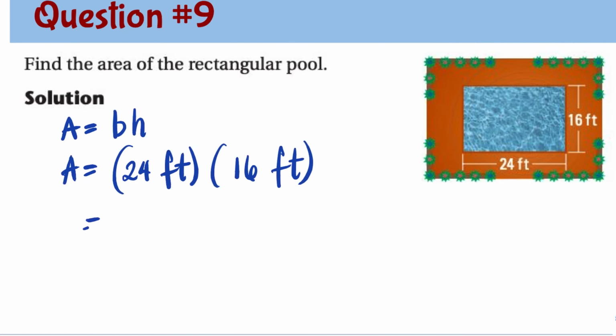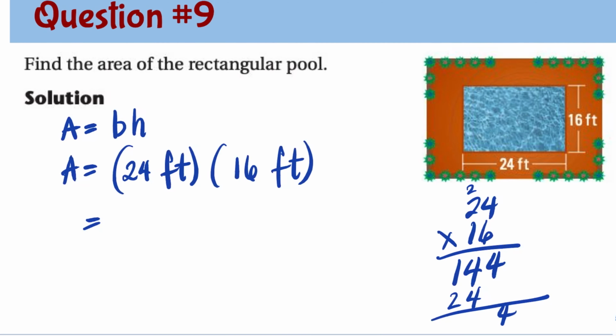So multiplying 24 times 16, 6 times 4 is 24, carry 2, that's 6 times 2, 12, plus 2, 14. Now we multiply the 1, we have 4 and 2, so this is 4, 8, 3. So the area of the rectangular pool is 384 square feet.